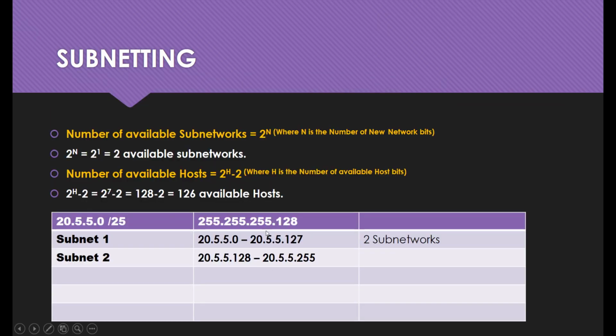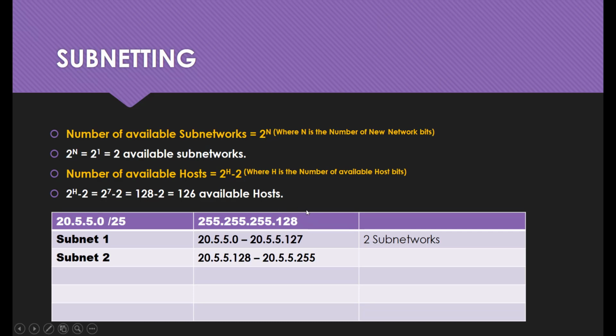So how do we now know exactly where the network starts and where the network ends? An easy way to do that is to look at the subnet mask, and you can see that the last octet ends with 128. So what we do is use the limit, which is 256, and subtract from it, so 256 minus 128 is 128.